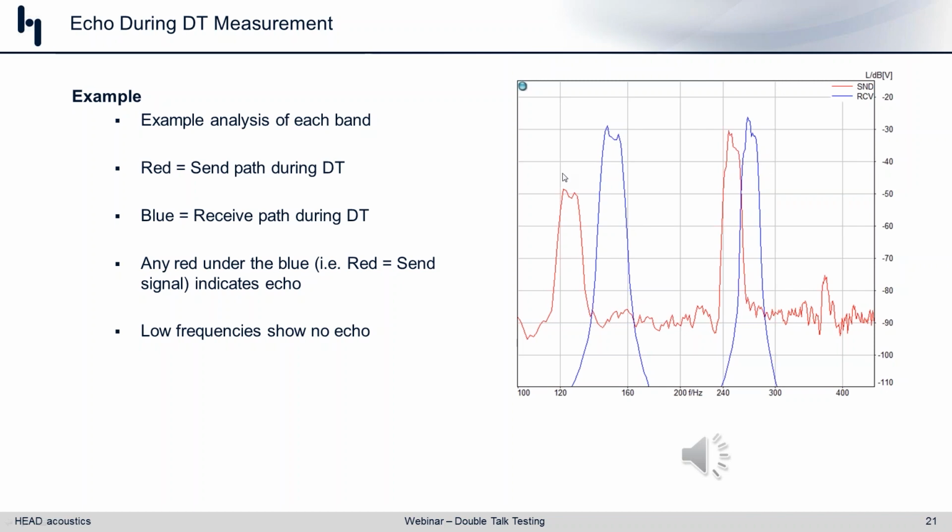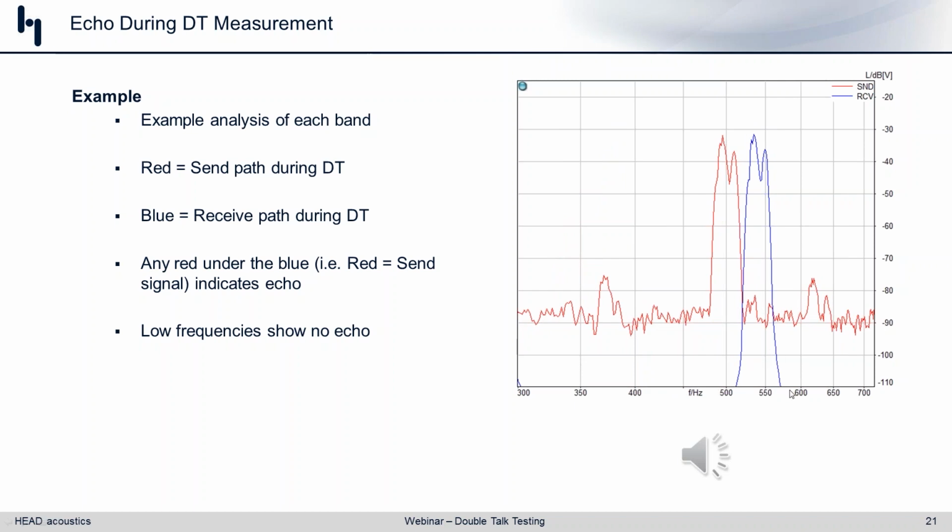And the red is what the device sent in the uplink direction during double talk. So what we would want to avoid is the device echoing any of the blue signals back up, i.e. shown by the red curve mirroring the blue curve. So at very low frequencies, we don't see any echo at all.